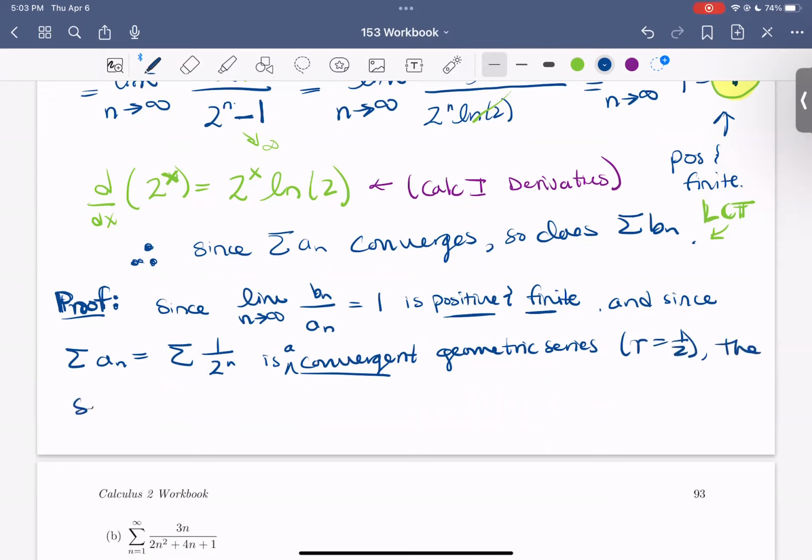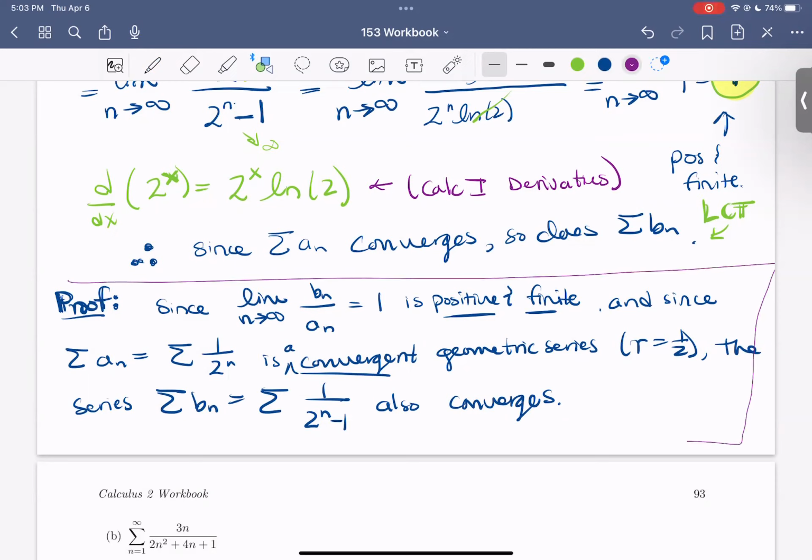That means the series of b to the n, which for us was our 1 over 2 to the n minus 1, also converges. And that is our formal proof.